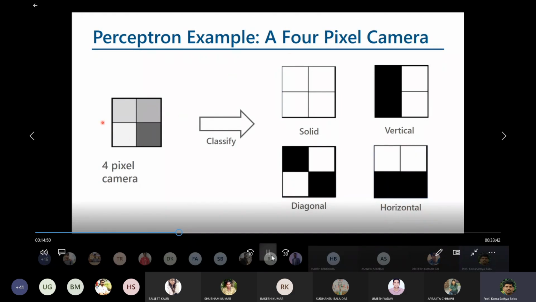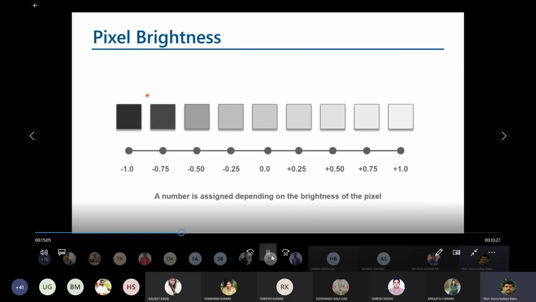Given a 4-pixel camera, how can we classify an image into solid, vertical, diagonal or horizontal? Assume that these pixels are filled with some values.